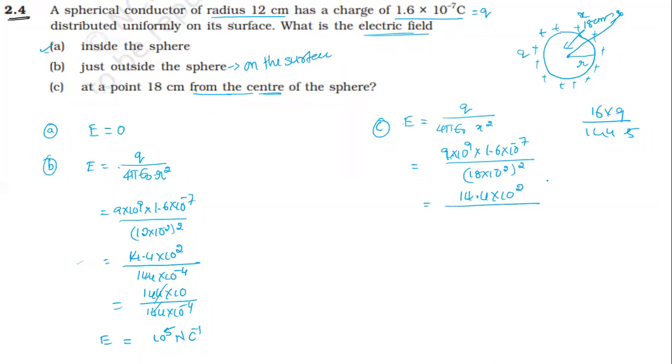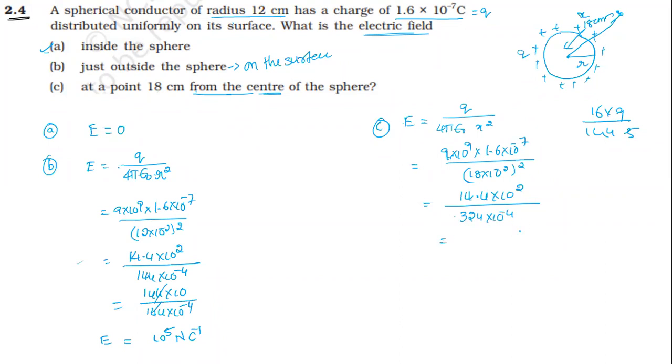In the denominator it was given 18 centimeter, and we converted it to meter, so squaring it, it will become 324 into 10 power minus 4.